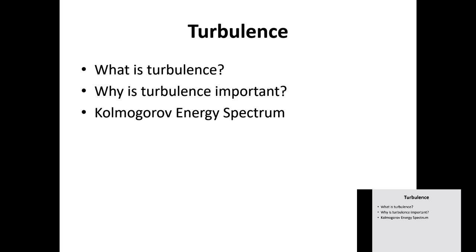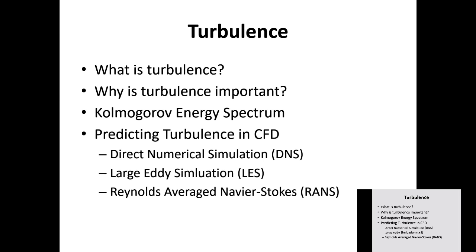What is turbulence and why is turbulence important? And we will talk about what is called the Kolmogorov energy spectrum. And then we will look at the methods of predicting turbulence in CFD.